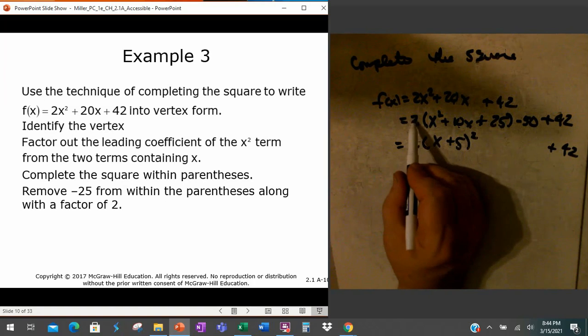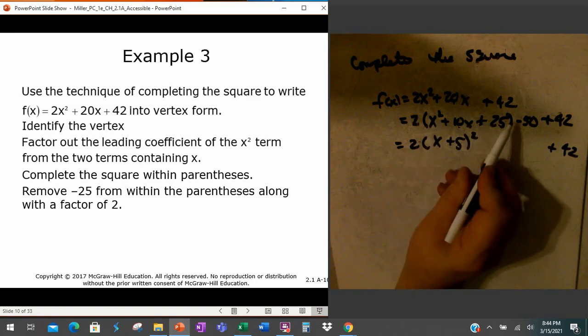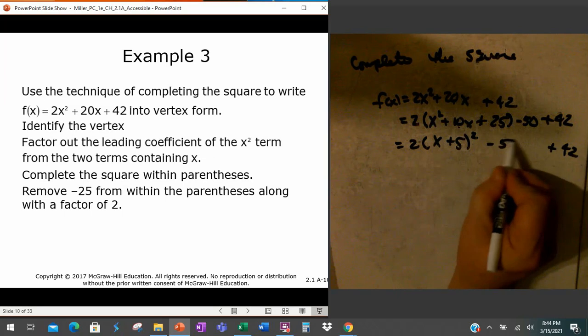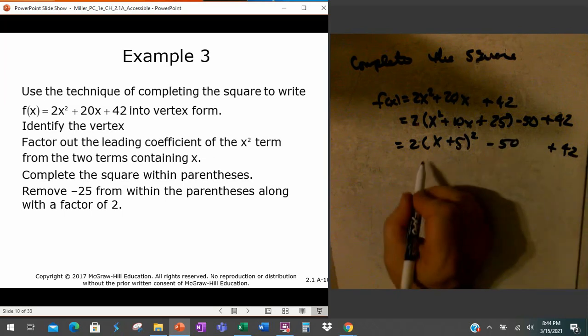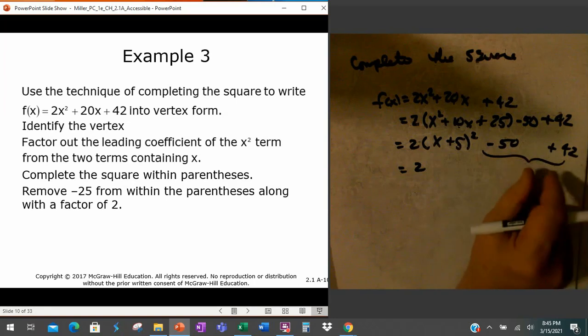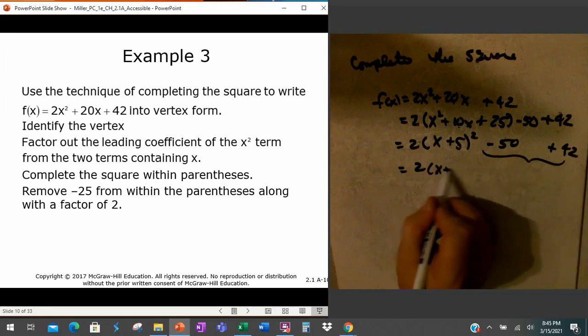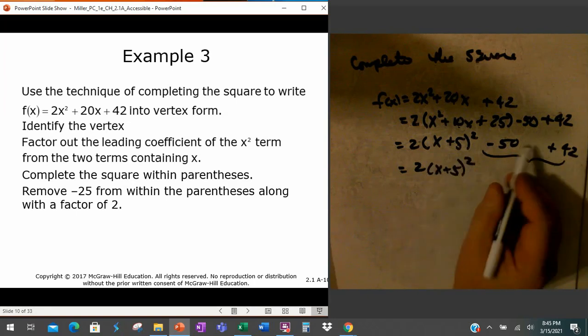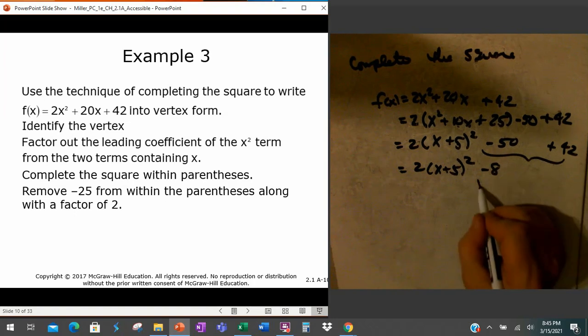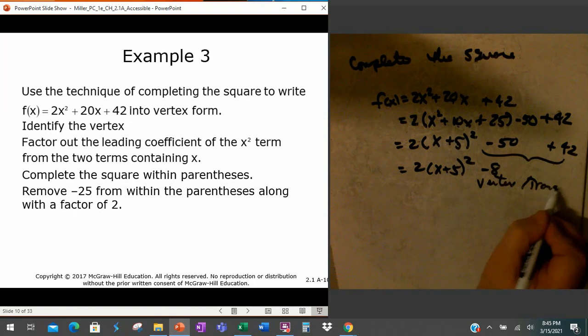If this was a minus 2, this would be minus 50, and I would want to add the 50. So this is the form that I want, and then I just take care of this. I group those together: 2 times (x plus 5) squared minus 8. And now this is the vertex or transformation form.